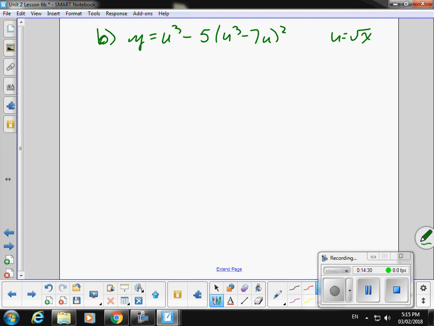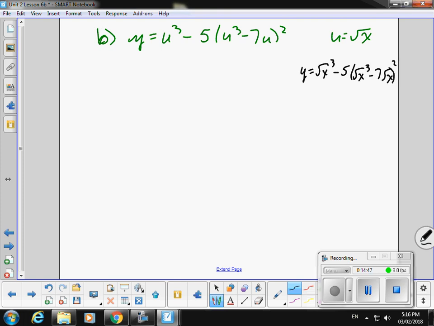So for the record, the original function before somebody kindly separated it for us was y equals root x cubed, subtract 5 times root x cubed, subtract 7 root x squared.